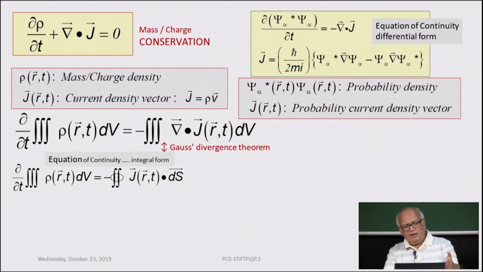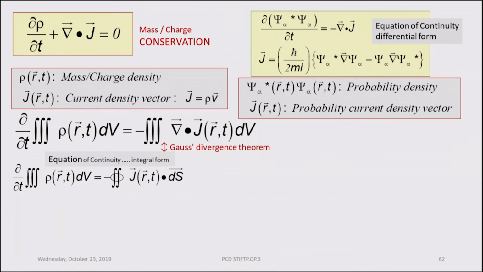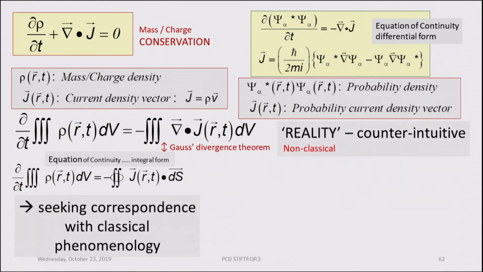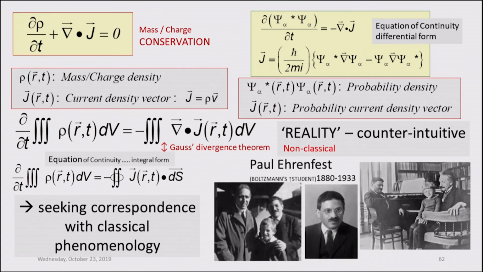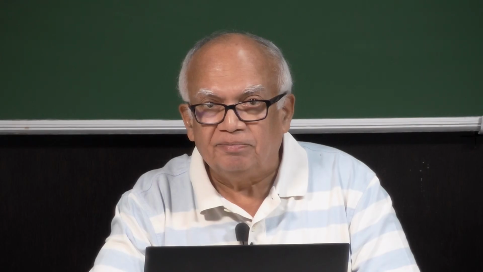Okay, so you can integrate this equation, use the Gauss's divergence theorem, okay, and you can seek again an analogy with the classical phenomenology, right? And this is what pops up as a very brilliant theorem known as the Ehrenfest theorem.